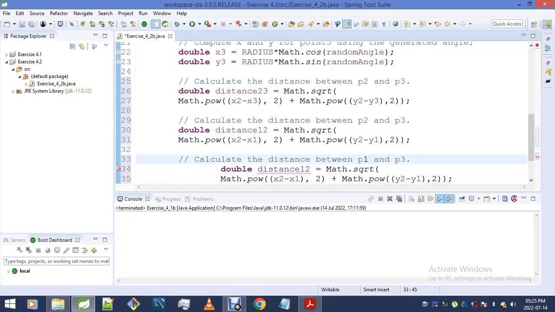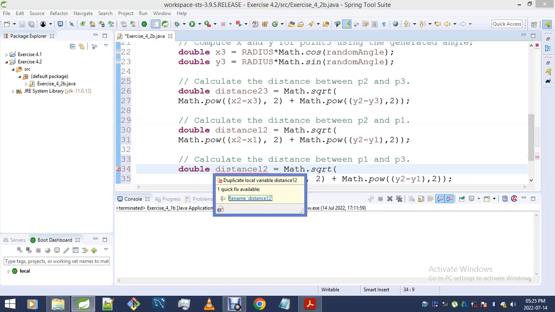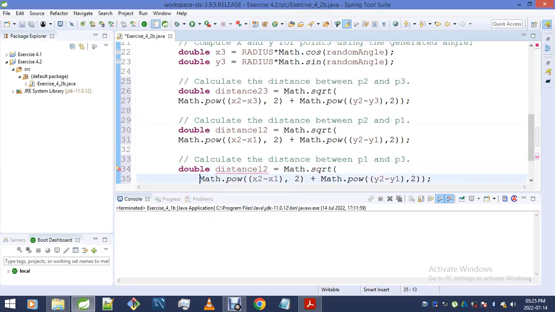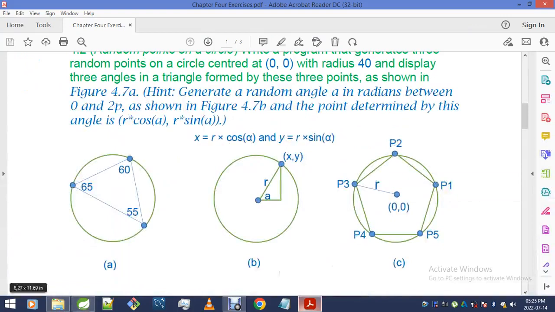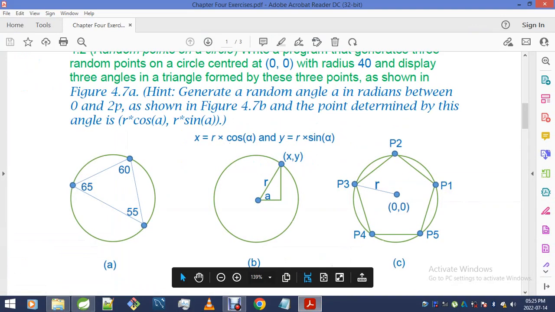Up there it's the distance between point 1 and point 2, and at the bottom it's the distance between point 1 and point 3. So I'll simply put a 3 there and then replace those 2 with a 3. Now we've got the distance of all these 3 lines in figure A.